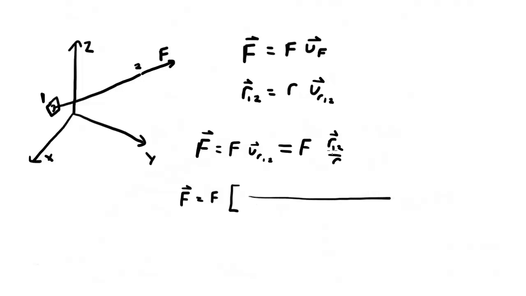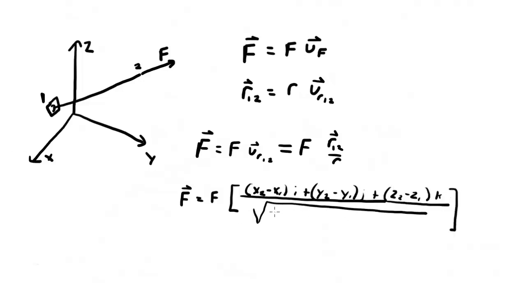To find the position vector that defines how to go from point 1 to point 2, that ratio is nothing more than x2 minus x1 in the i direction, y2 minus y1 in the j direction, z2 minus z1 in the k direction, divided by the magnitude, which can be calculated by this value in the denominator.